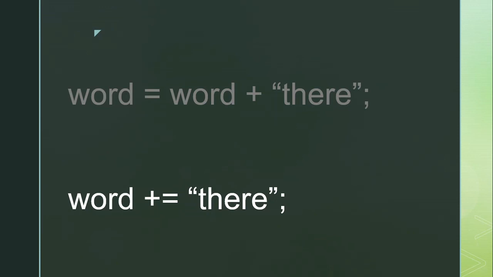And the shortcut in line 2 consists of the sign of the operation you want to perform, followed by an equal sign. So this is just to make things easier, and basically these two lines mean exactly the same. This is just a shortcut because here you're kind of repeating it.